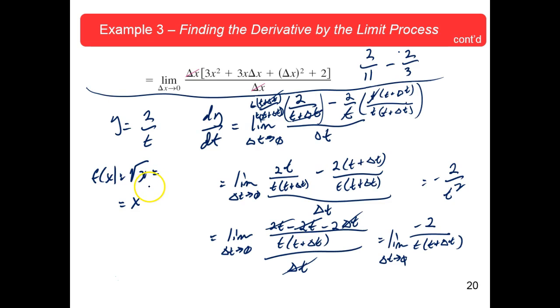Close, but no cigars. It's to the 1/2 power. When you have a radical, the denominator of your exponent is always the index of the radical. Since this is a square root, you don't see an index, but you understand that to be a 2. The numerator of your exponent is the power inside, so that's just 1.